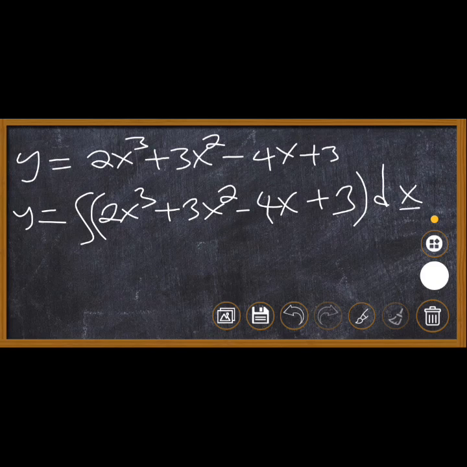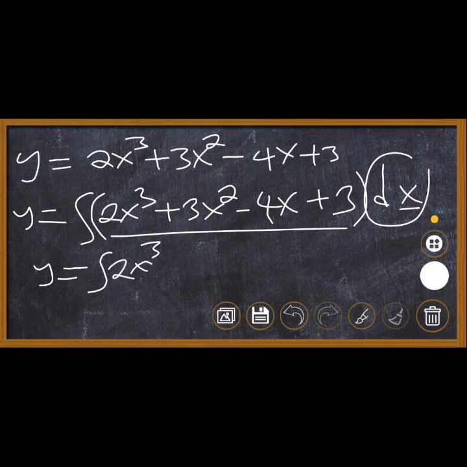In this case, you integrate it individually. So you are going to have the integral of x power 3 dx, and then plus the integral of 3x squared dx, then the integral of negative 4x, or rather the integral of 4x.